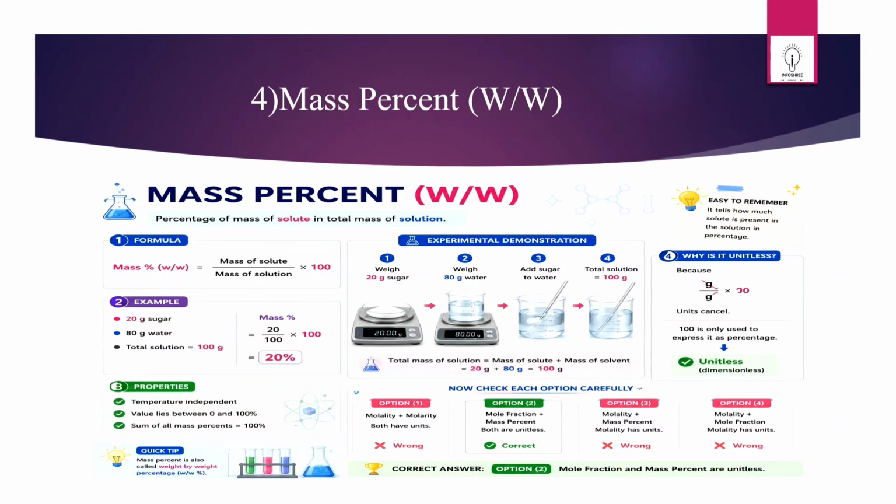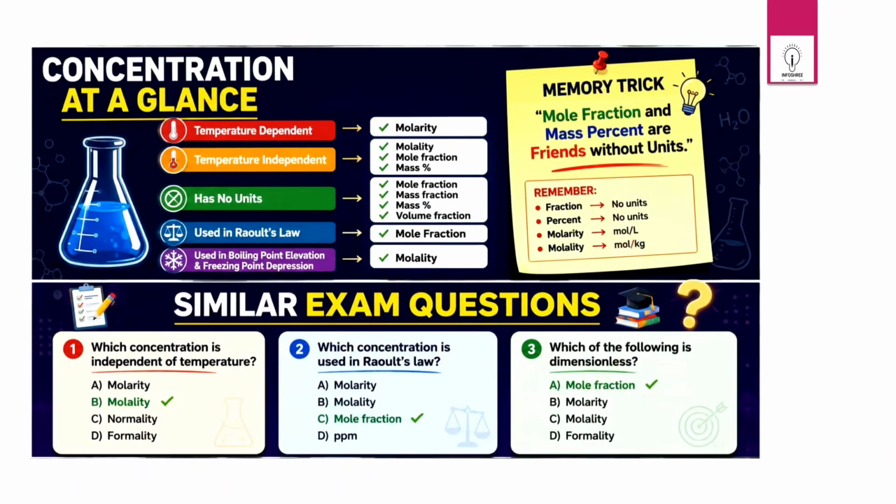Okay. Option 2, mole fraction and mole percent both are unitless. That is the correct answer. So if you have some doubt, we can clear it here. In the same way, we'll just brush up the things we have learned now, with some other points.